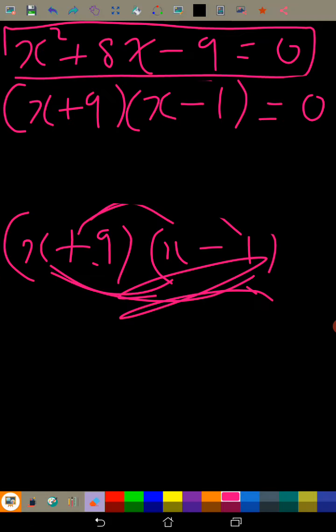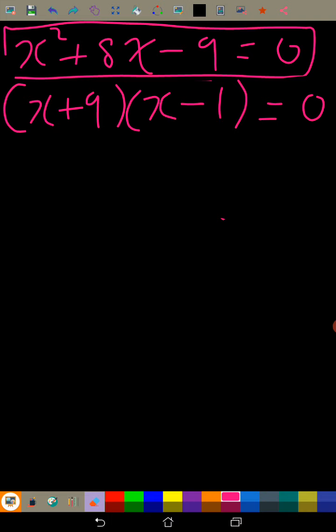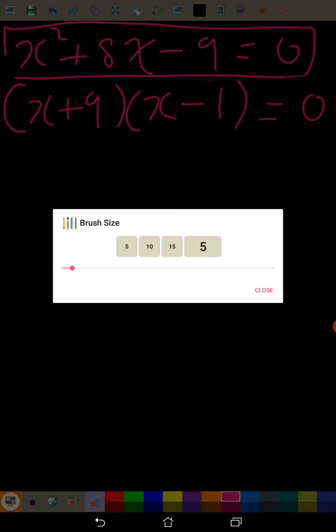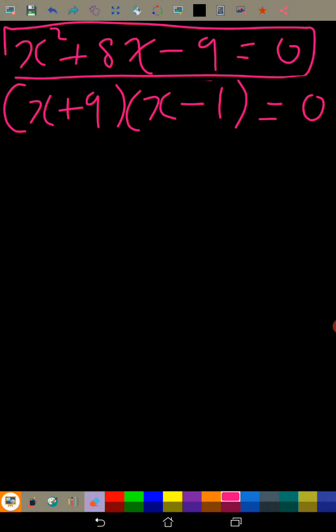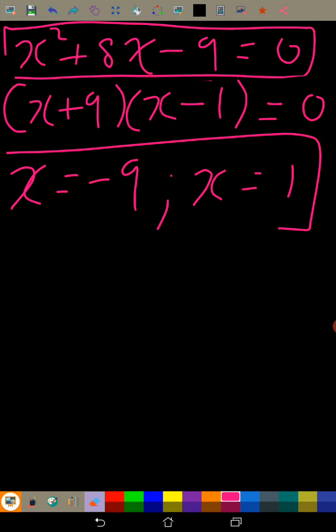Normally you don't have to hide your workouts, but it's just that I want to make it clear for everybody. So x is equal to 1. So this should be the solution set for this quadratic equation. Let me check, and that's the second exercise, and that's correct.